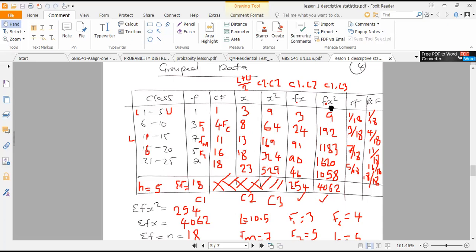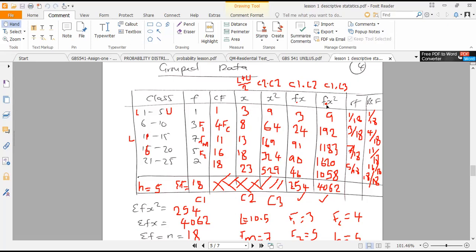Then fx squared, again you start from f and x squared. So 1 times 9, 9. 3 times 64, 192. Then 7 times 169, you get 1183. Never make the mistake of squaring this one, 3 squared, 24 squared. This is a mistake they make.